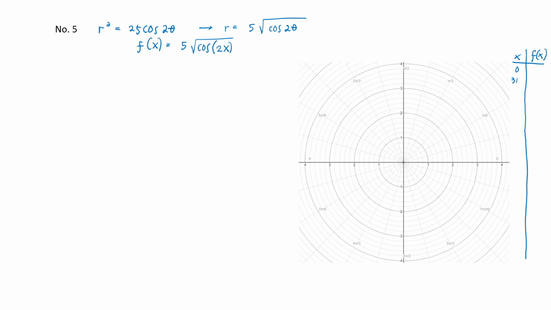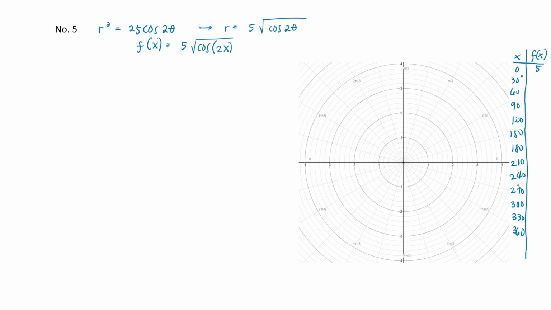So 0, 30 degrees, 60, 90, 120, 150, 180, 210, 240, 270. This isn't the proper way to write it, I just did it this way to be fast. Okay, we're running out of time.